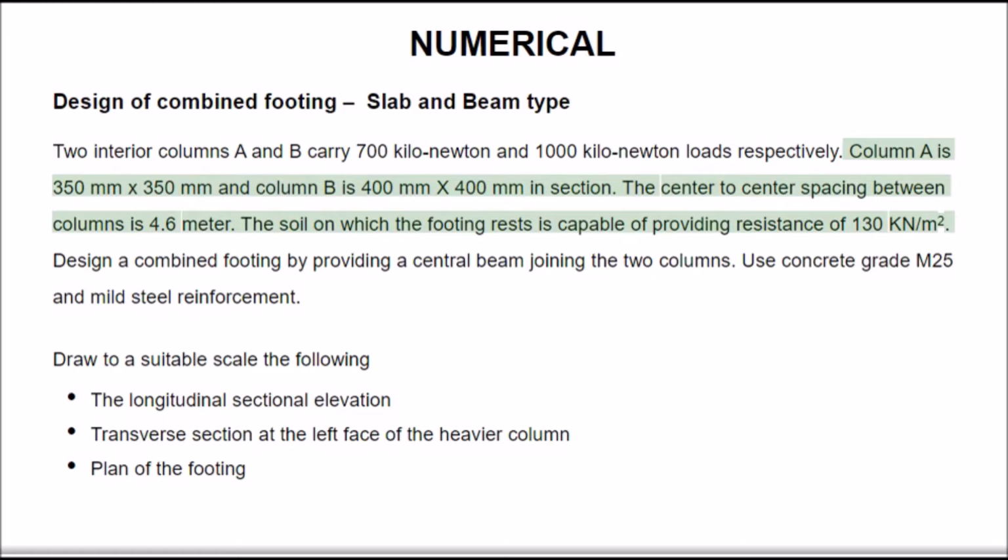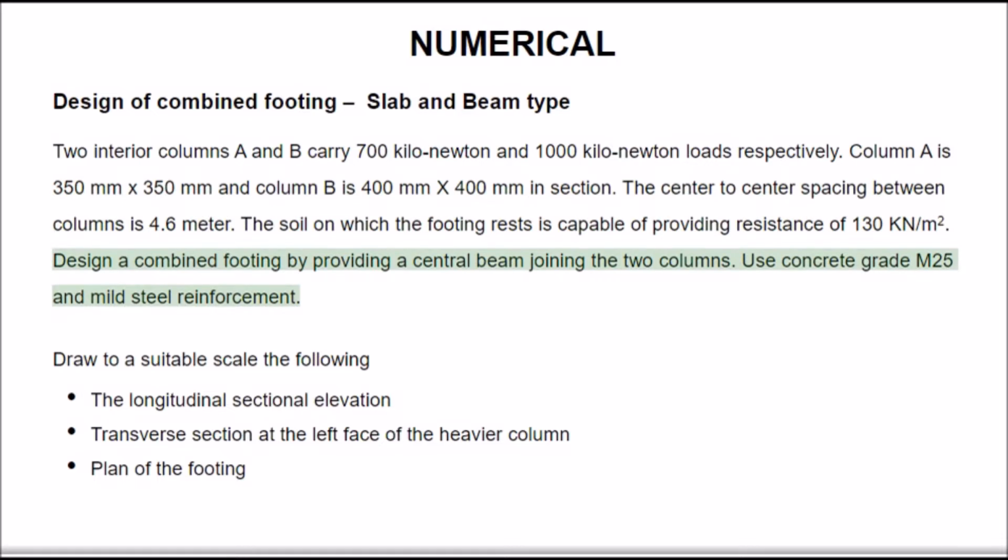The center-to-center spacing between columns is 4.6 meter. The soil on which the footing rests is capable of providing resistance of 130 kN per square meter. Design a combined footing by providing a central beam joining the two columns. Use concrete grade M25 and mild steel reinforcement.